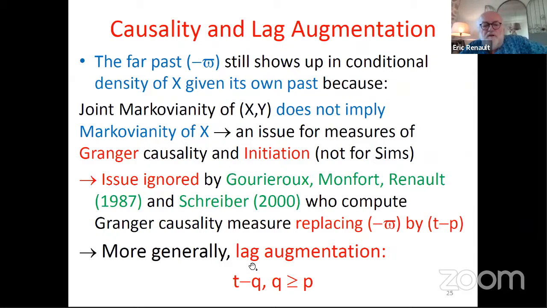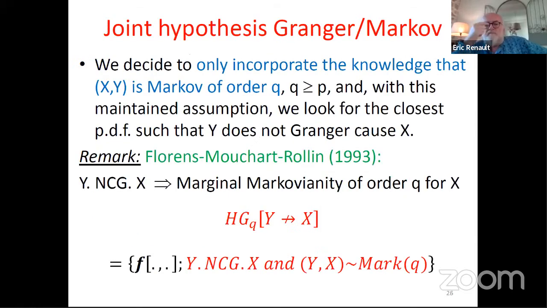So you have another motivation for lag augmentation. You should go at least to T minus Q, with Q significantly larger than P. And this is basically what I'm going to consider. Let me work as if the process were Markov for the Q larger than P. That's to say, I know that P is a sufficient order, but P is going to be misleading when I look at X in isolation.